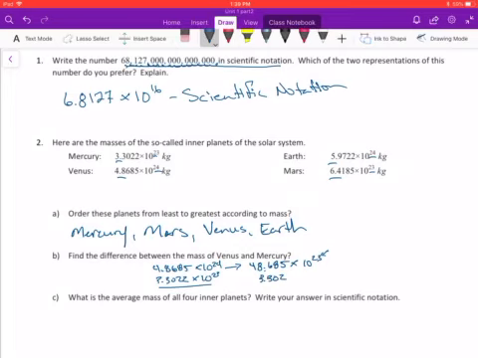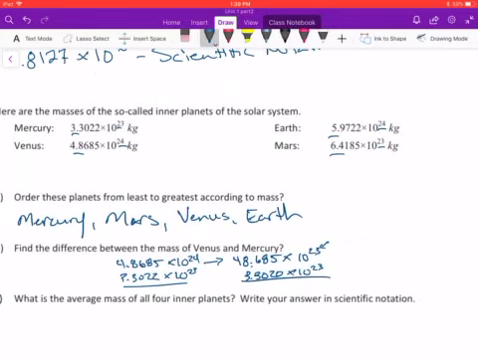And then I have 3.3022. Times 10 to the 23rd. 10 to the 23rd stays. 5 minus 0 is 5. 8 minus 2 is 6.